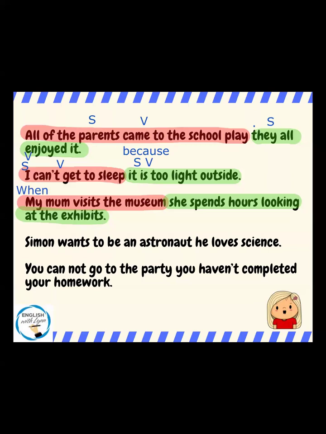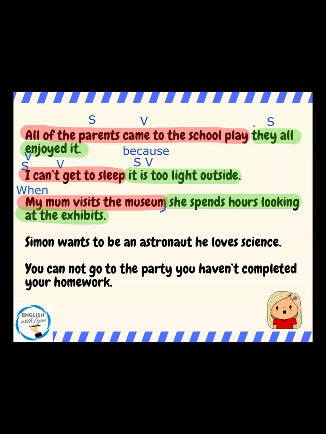And because the first part has now become a subordinate clause, I need to add extra punctuation. What I need to add is a comma after that clause. So I should have: "When my mum visits the museum, she spends hours looking at the exhibits." So I've split the subordinate clause from the main clause.